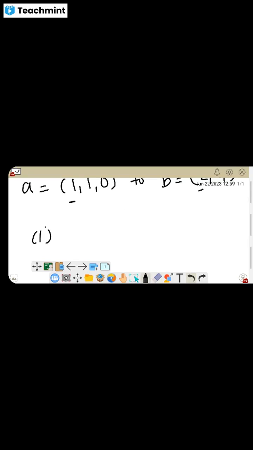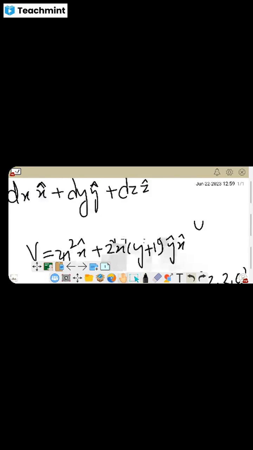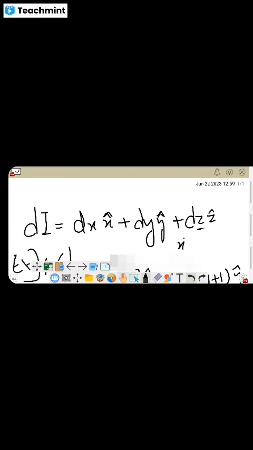So for the line integral, dl is equal to dx into x cap plus dy into y cap. Here we are using this formula, but on the horizontal line we have these two terms as 0, so we are taking only this term. Yes, ma'am.